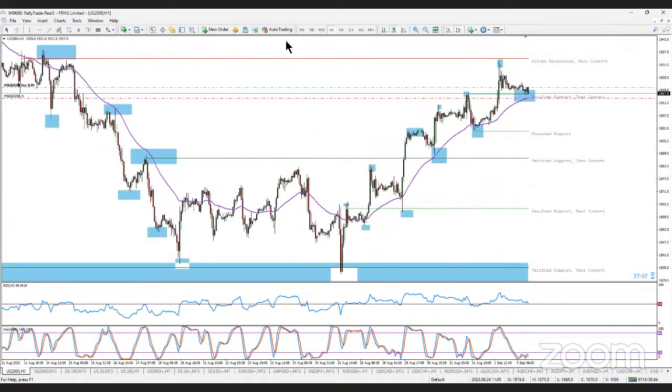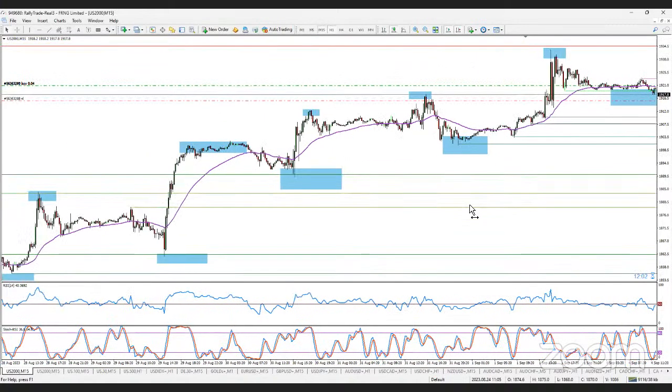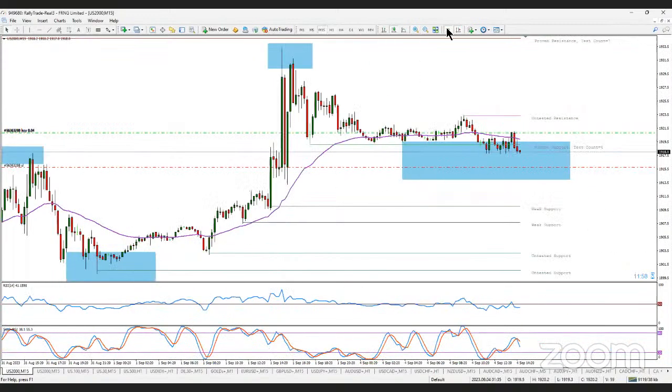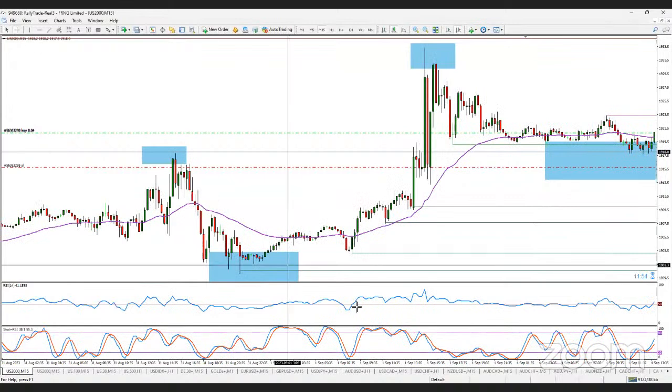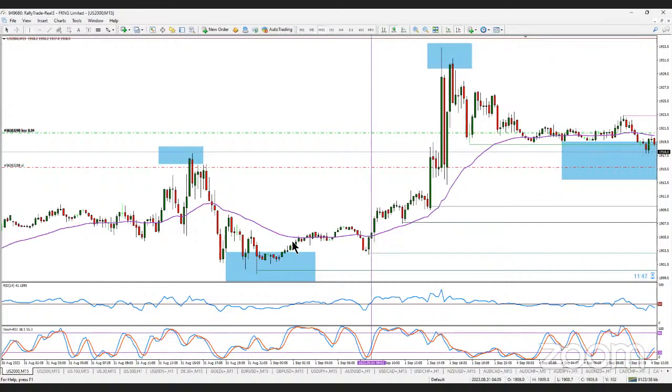If I go on 15 minutes now, look at something like this. Can you see? Yes, I can. Number one, the candle has closed above the moving average. Number two, RSI is above 50.